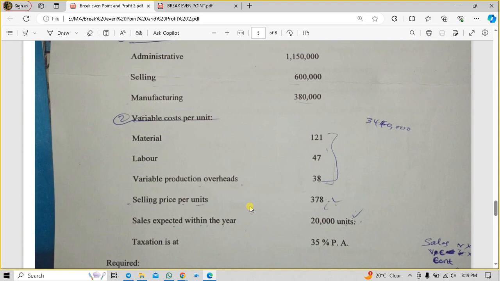Hiyo ni gani? Labor. Acha tuone 47 times 20,000. You can do it mpaka ufike kwa profit.